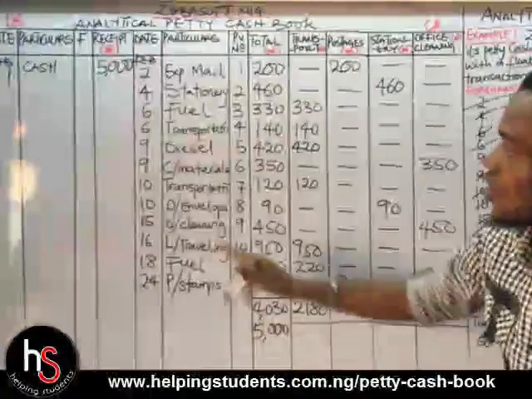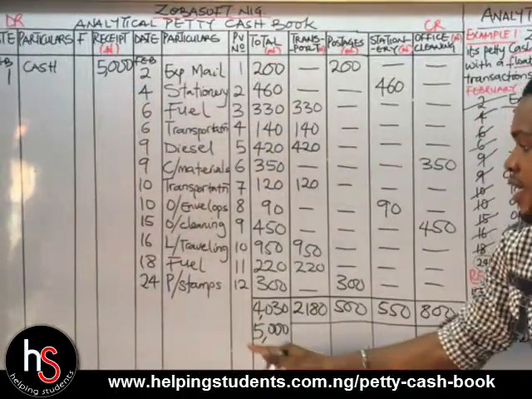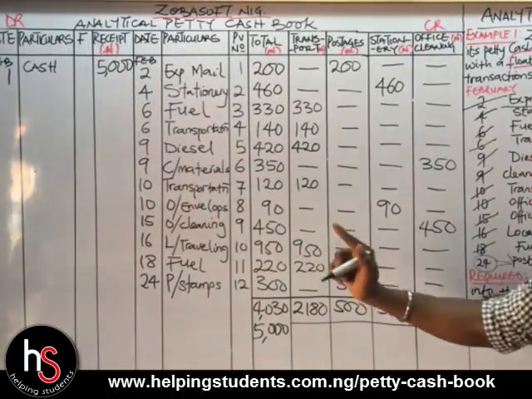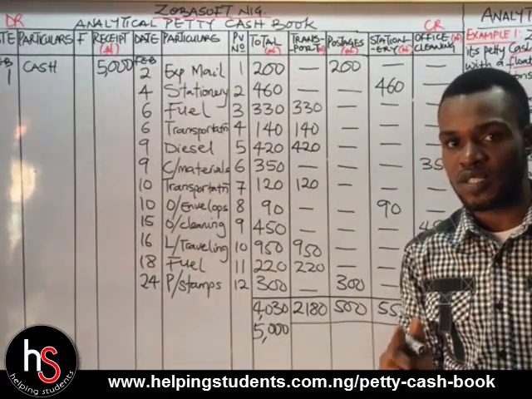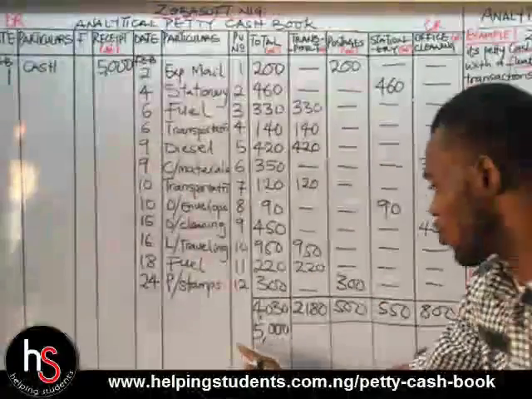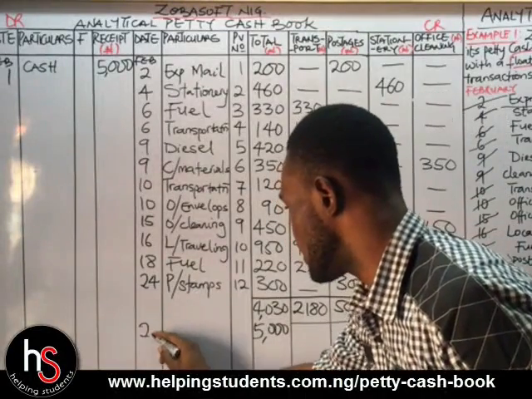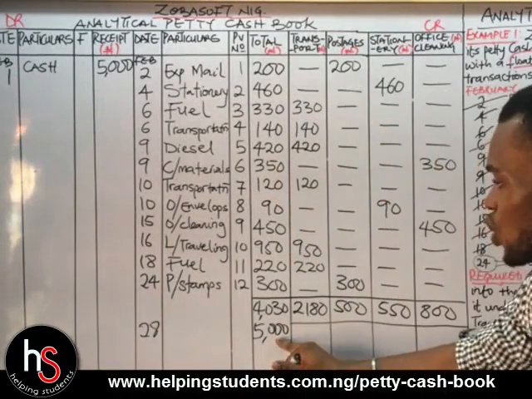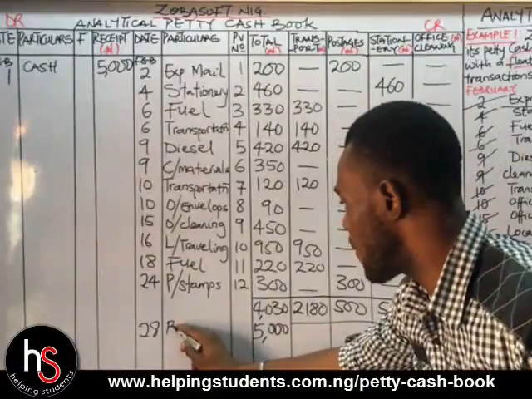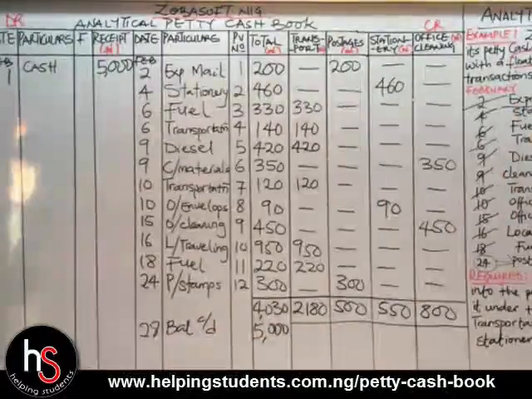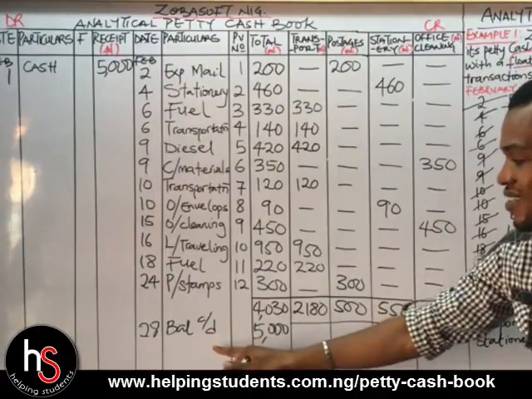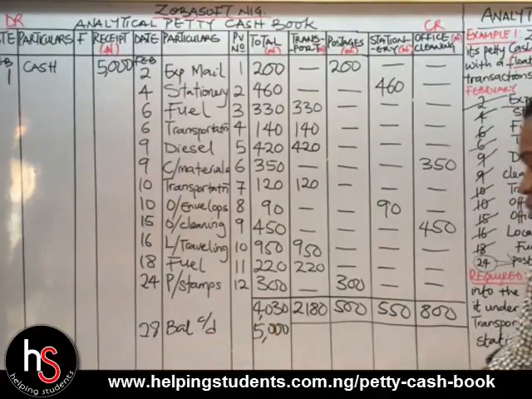Now this 5,000 came all the way from this side, right? Now coming to the last date of the month, remember this is February, and the last date in February is what? 28th. So we write February 28th. Now this value which you have here represents what? Our balance CD. Okay? This is now our balance carried down, 5,000.